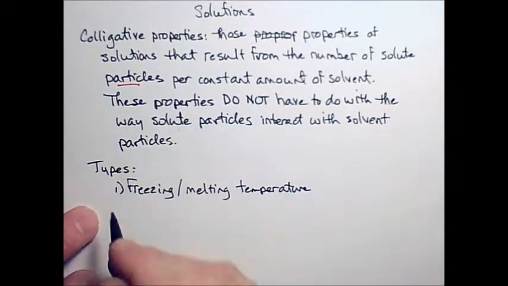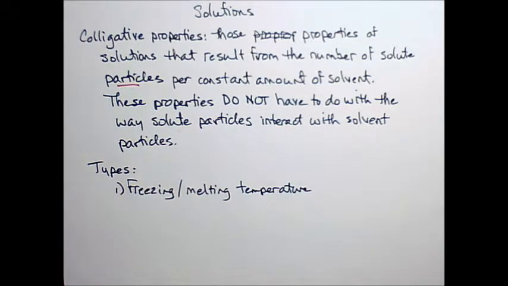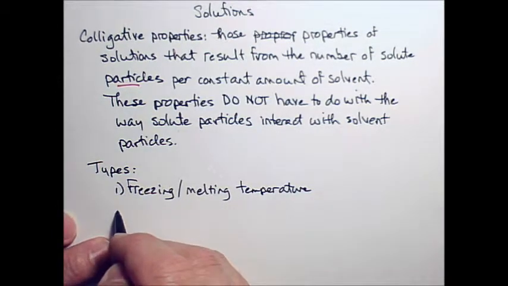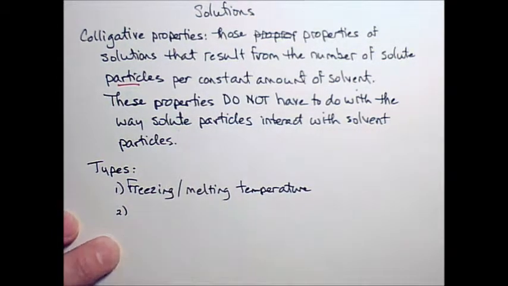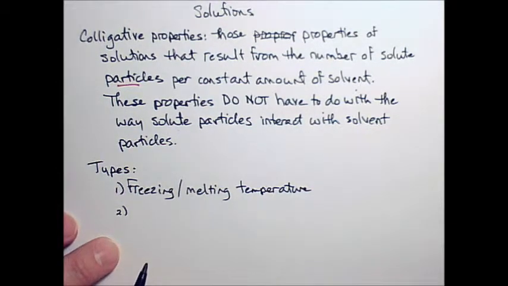The temperature at which a substance freezes is the same temperature at which that substance melts. Water freezes at 0 degrees C. Water also melts at 0 degrees C. In Fahrenheit, that's 32 degrees.